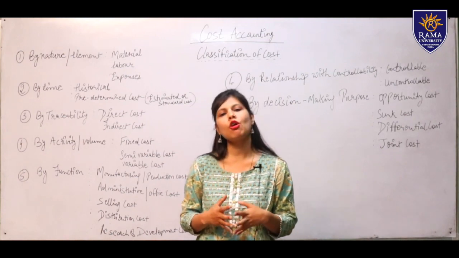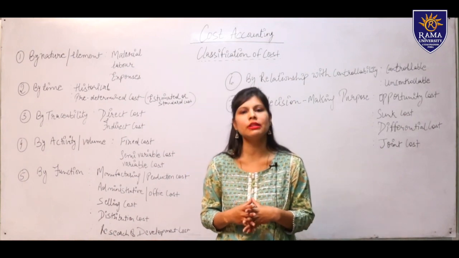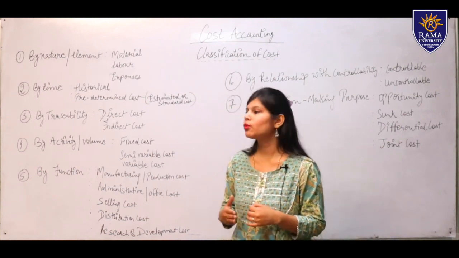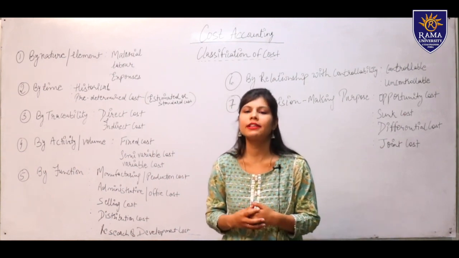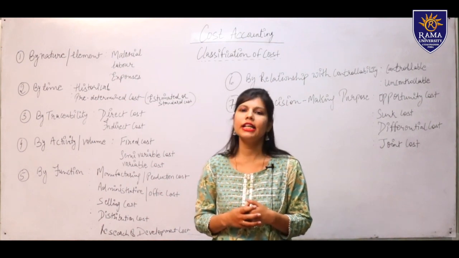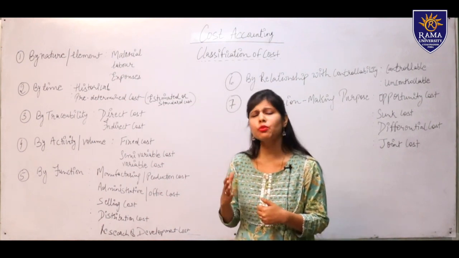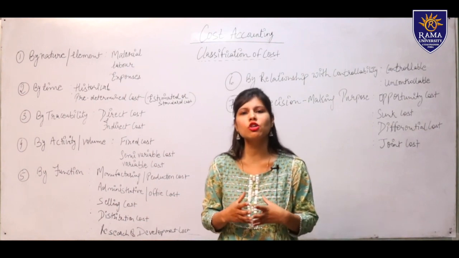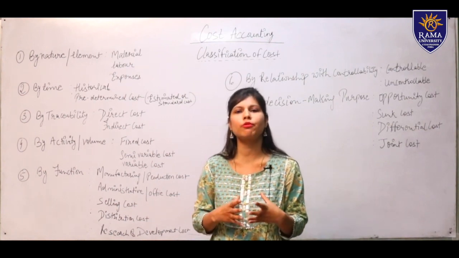Next we have our traceability, classification by traceability. Now there are some costs which can easily be traceable and some are not easily traceable. So on that basis, we have two categories, that is direct cost and indirect cost. As we can understand with the term direct cost, these are the costs which can easily be traceable with the product.